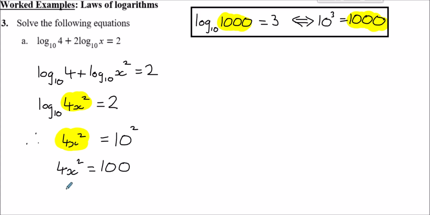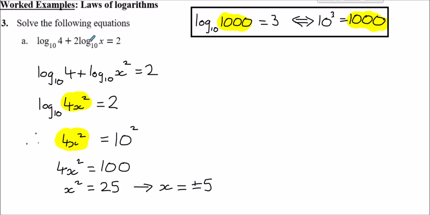Divide through by 4, we get that x squared is 25. If we now square root both sides, we get that x equals plus or minus 5. However, just think about this. We've got x here in the log, okay?